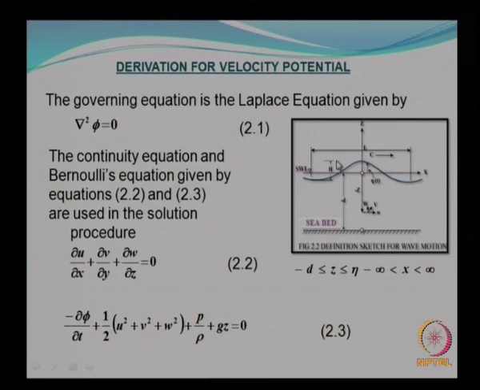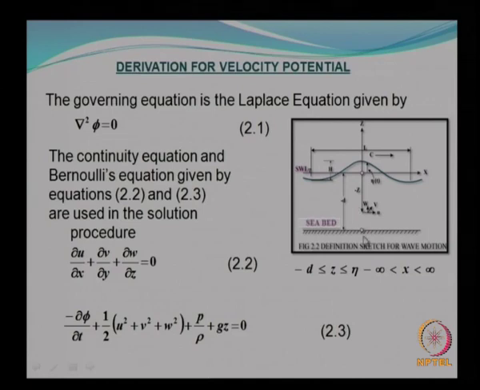This is the crest, the distance between this is called the wave height, propagating in a water depth d, and we take the coordinate axis at this location and you see that this is the direction of wave propagation and this is vertical.